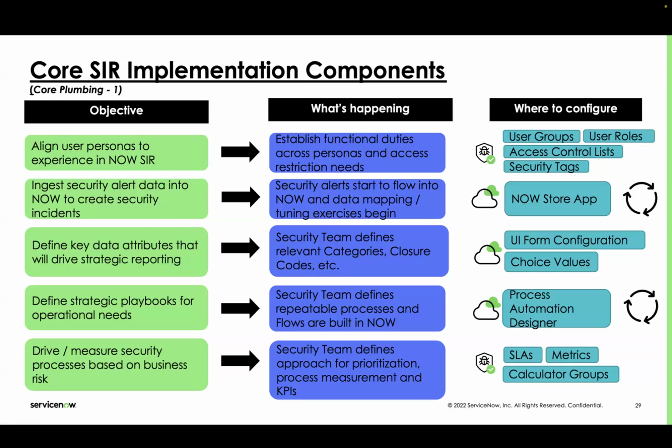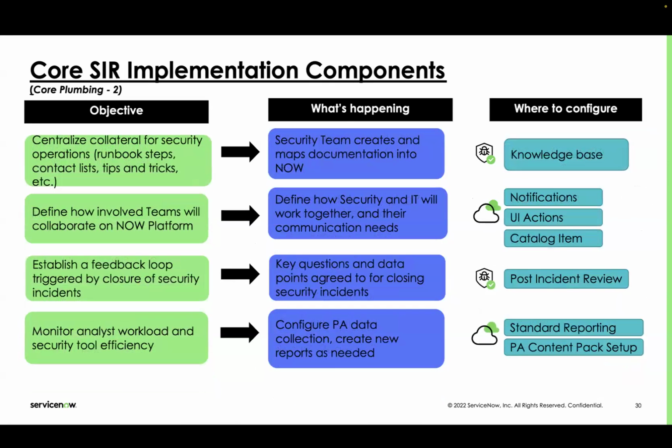And on the next slide, this is continuing with the core plumbing. We do have the knowledge base articles in security incident response. You can track things like your standard operating procedures, your contact lists, who's responsible for what, and keeping all of that knowledge very neatly documented within ServiceNow.